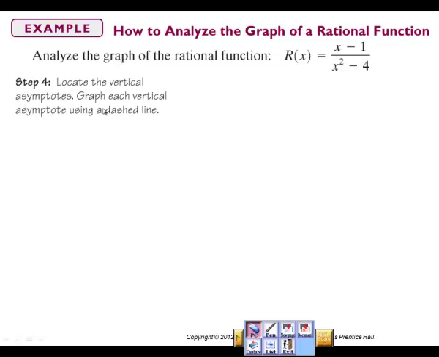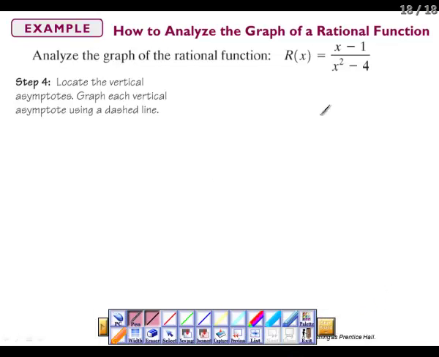Okay, locate the vertical asymptotes. For the vertical asymptotes, we set the denominator equal to 0 and solve.